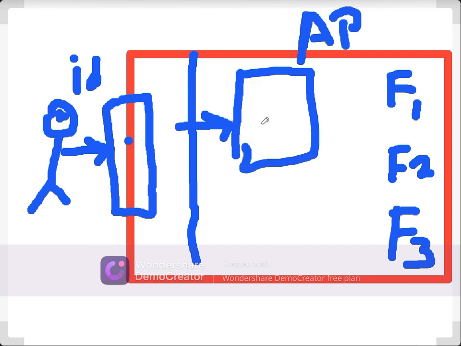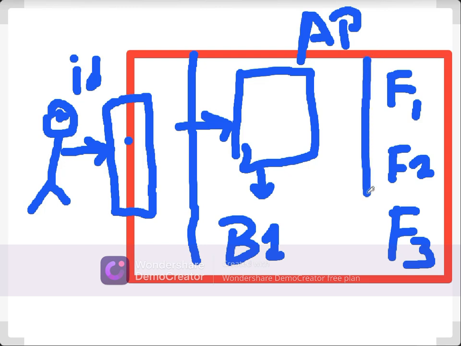Let's say the boarding pass you have got is B1. Now this B1 authorizes you for only one of these flights, not all of them. Whenever you go to attend a flight, you have to show your boarding pass, and someone will check it.